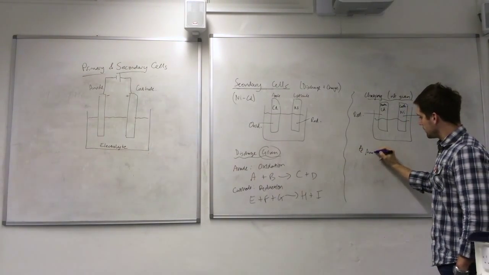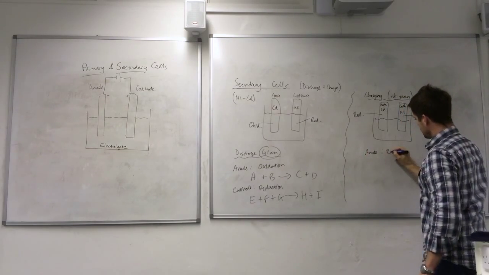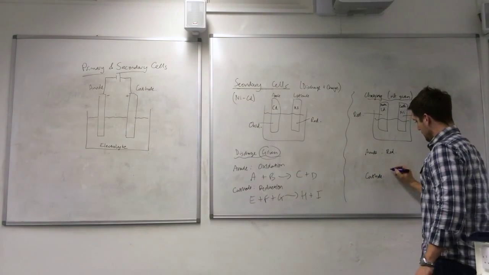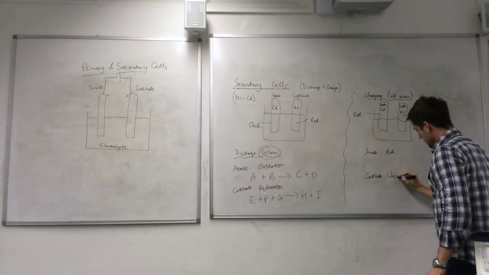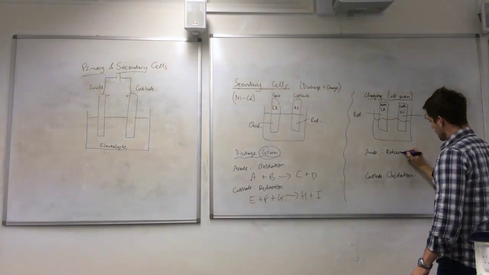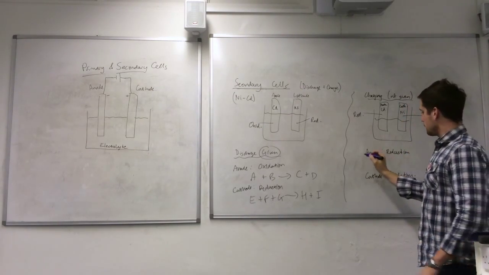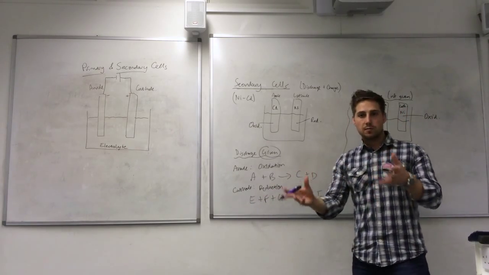So at the anode we have reduction, and at the cathode oxidation. So let's reverse this reaction. The reactants become the products, and the products become the reactants.